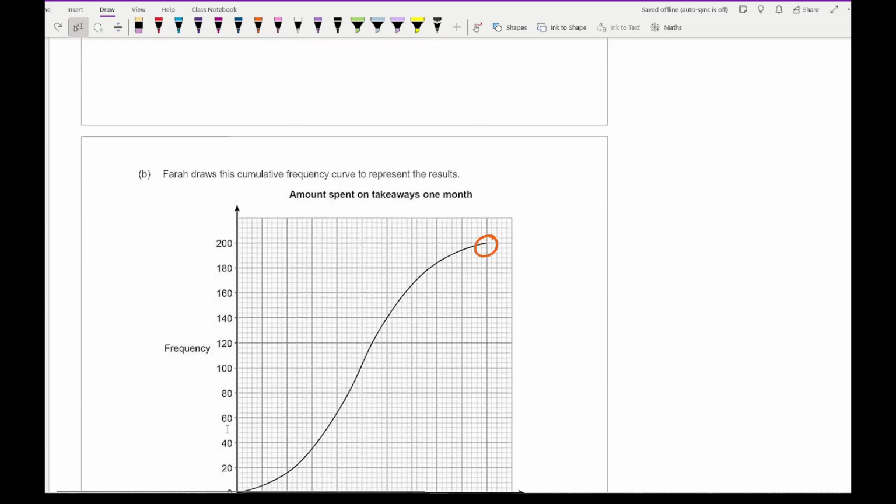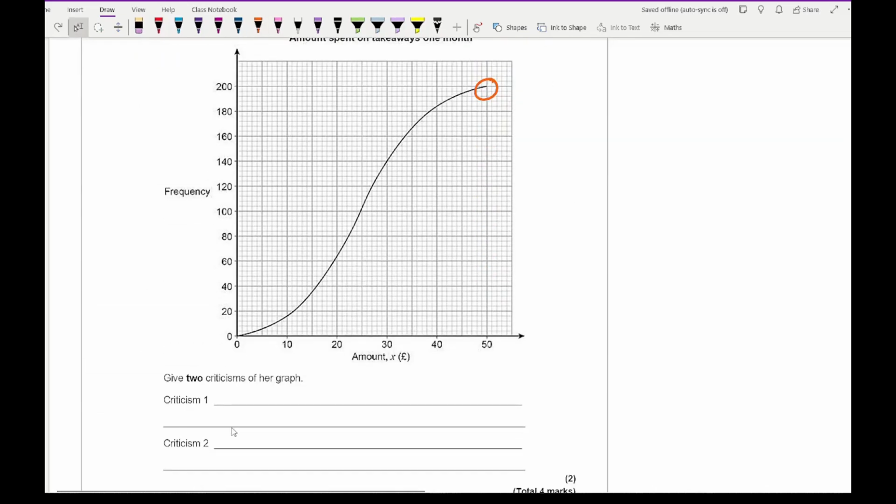So our first criticism is that the curve at 50 should be at 190, not 200. So something along those lines, that the graph should stop at 190, not 200.